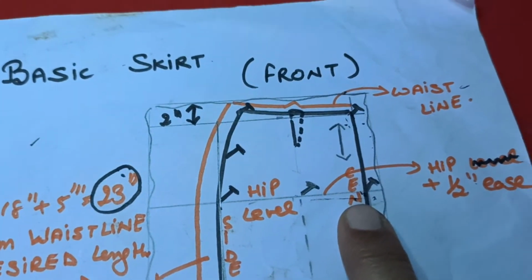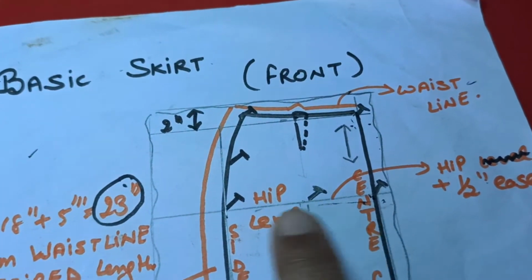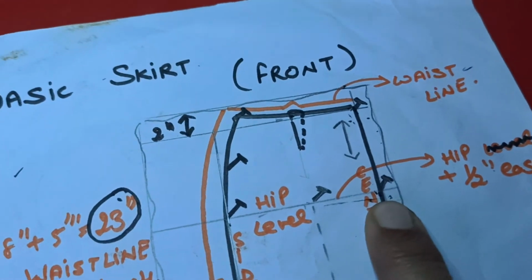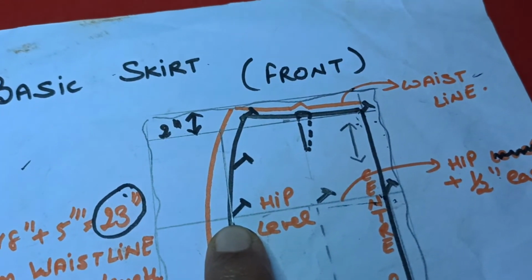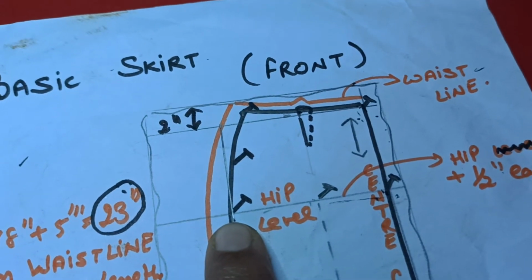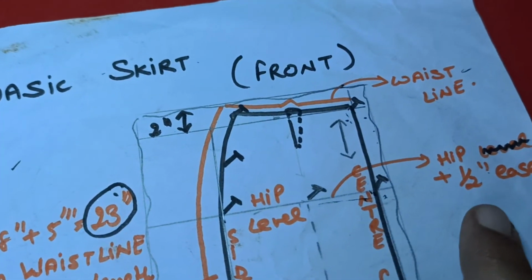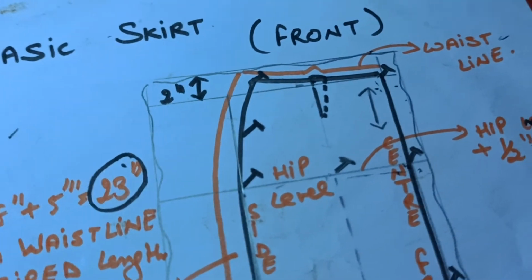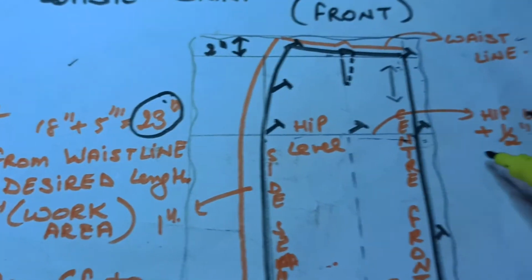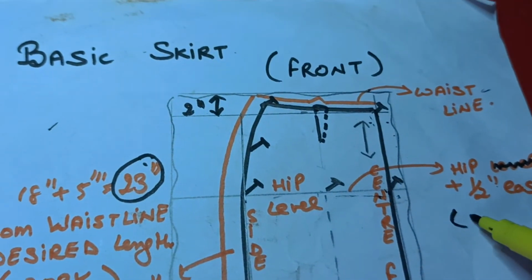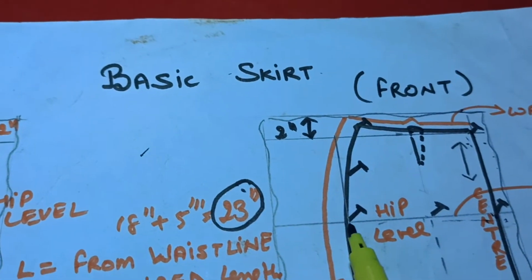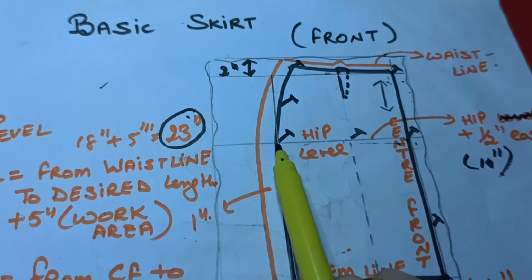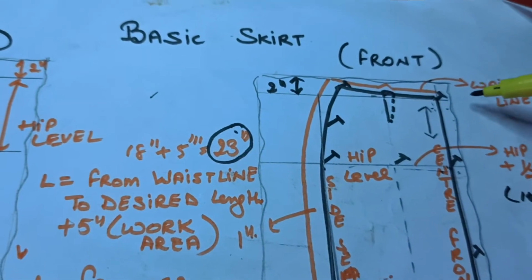So if at the center hip level, the marking from the center front to hip side seam will be say around 9.5, तो 9.5 में आप half inch ease add करके, that will come out to be tentatively, in this case, 10 inches. So you will mark 10 inches at this side. Then you will start the draping part.